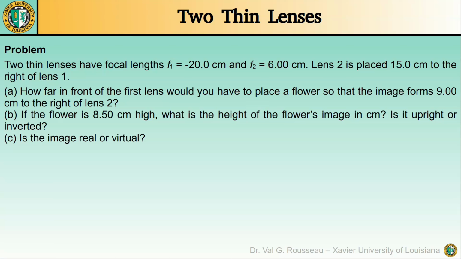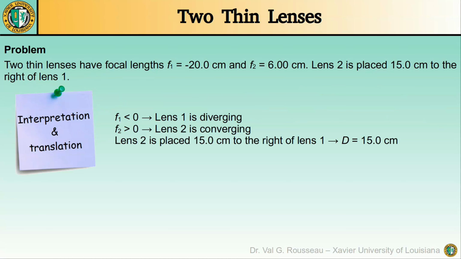One of the reasons why students find a problem to be challenging is that they do not understand the problem statement. It is therefore crucial to interpret and translate properly the information that is given.